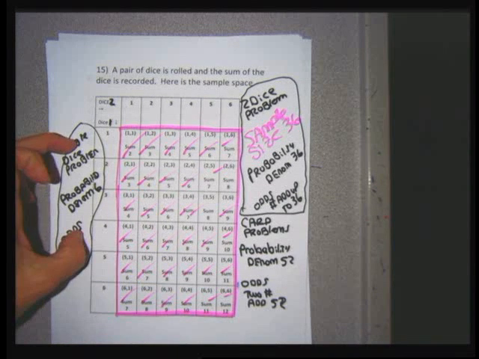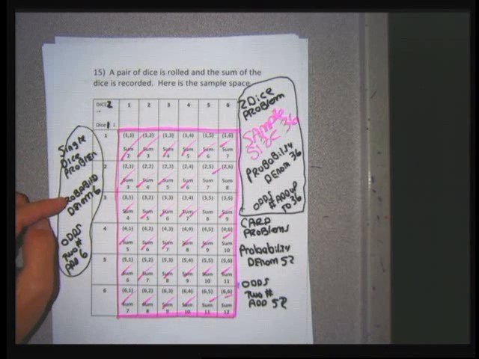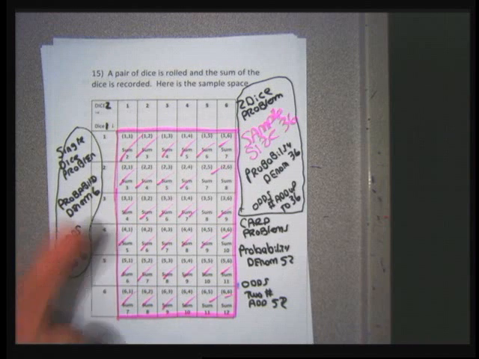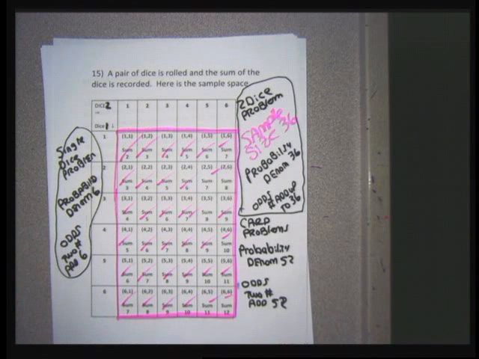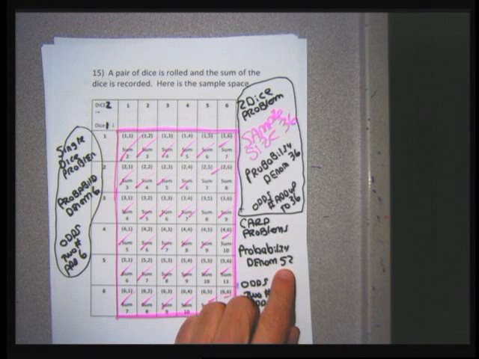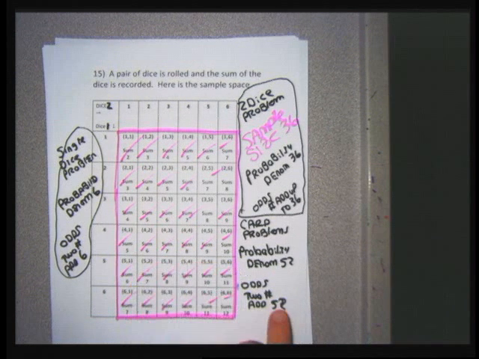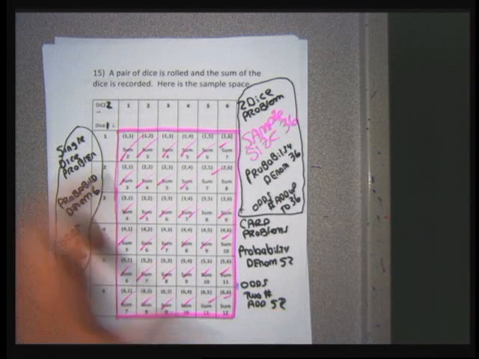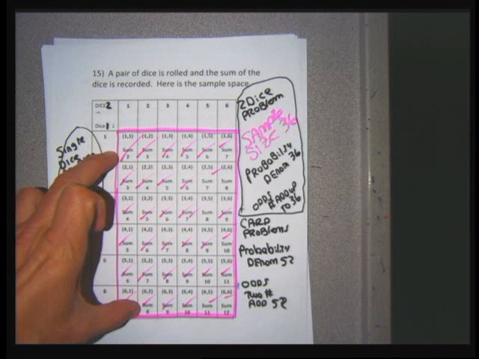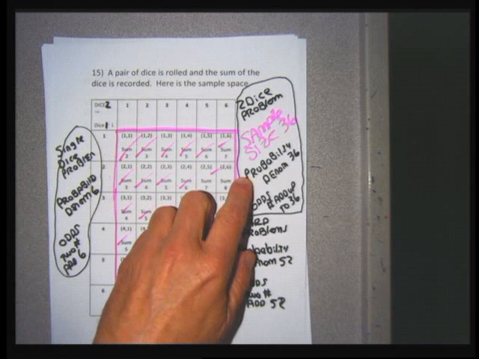1 dice problems, there's 6 items in the sample space. The denominator for probability is 6. For the odds, the numbers I put on either side of the colon add up to 6. For card problems, probabilities, the denominator is 52 because there's 52 cards in a deck of cards. And odds problems with cards, the two numbers add up to 52. 2 dice problems, because the sample space is 36, probability questions will have a denominator of 36.